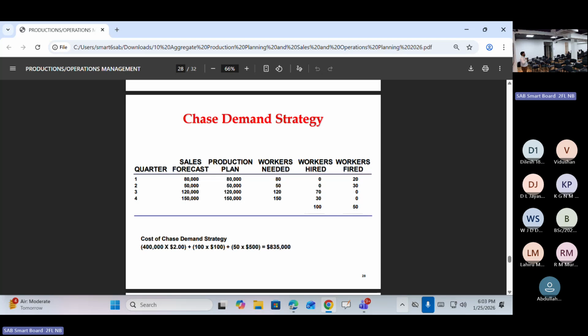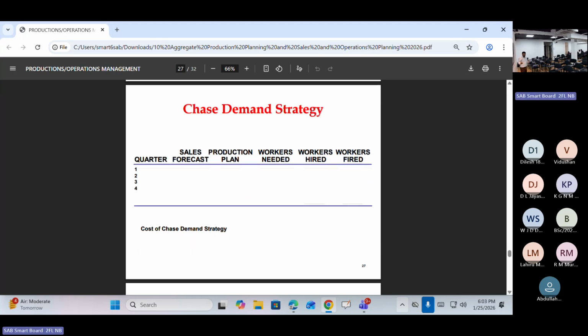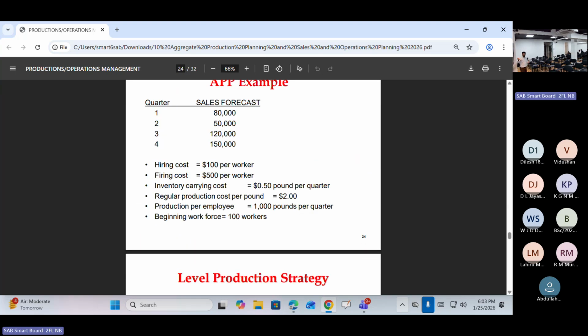Same as demand. That is 80,000. Now we have to identify how many workers required to produce 80,000 during the first quarter. How do we identify that? Now go back and see what information provided. Is there any clue here? Is there any specific data information required here?